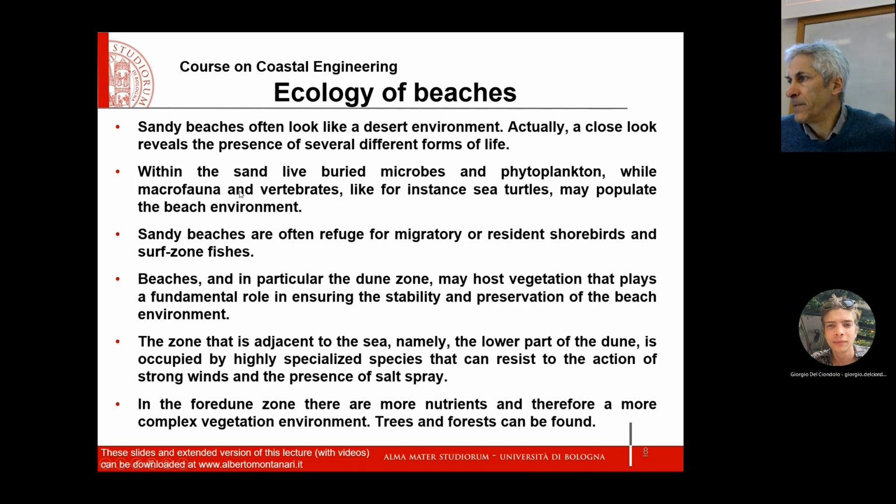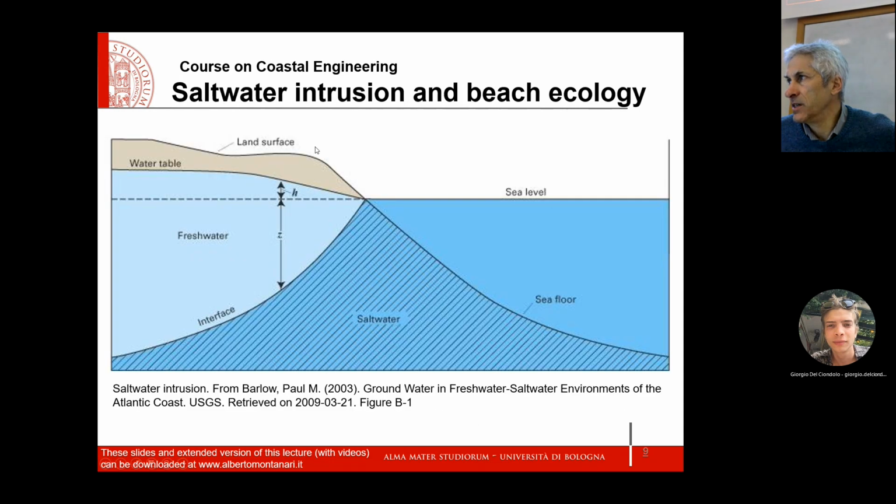Now, I skip this and I close this lecture with a brief mention of the problem of saltwater intrusion. Saltwater intrusion is particularly concerning in correspondence of flat coasts, the coasts that are located in correspondence of alluvial lands.